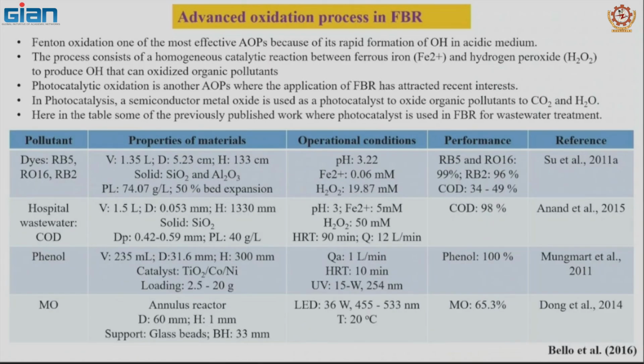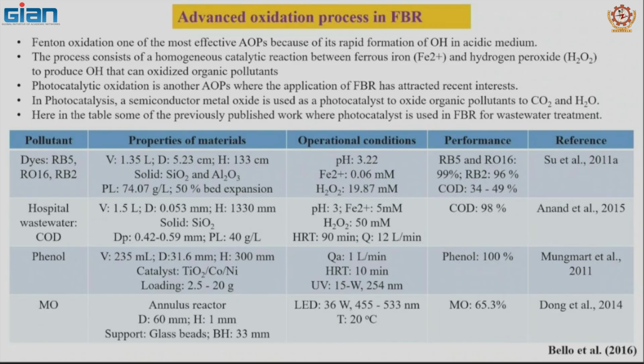The third is the chemical process, that is the advanced oxidation process in a fluidized bed reactor. Fenton oxidation is one of the most effective advanced oxidation processes because of its rapid formation of hydroxyl radical in an acidic medium.